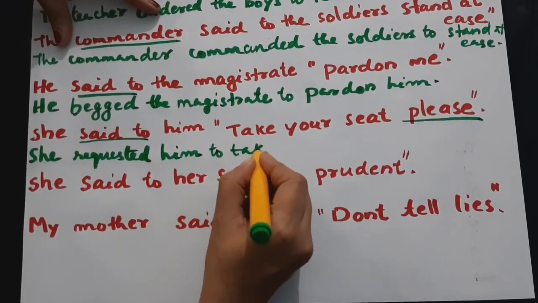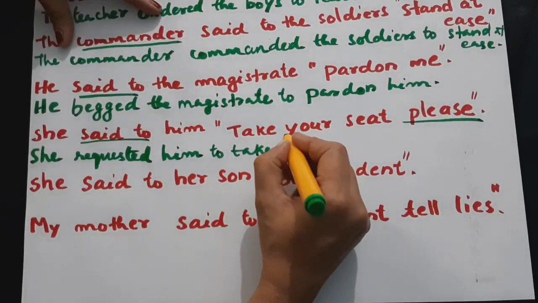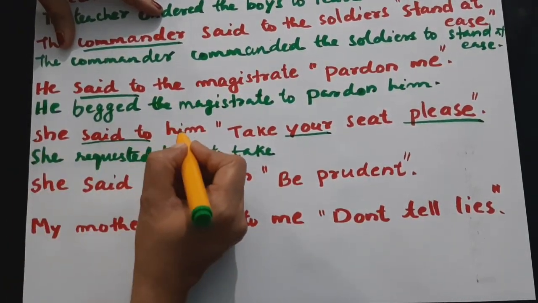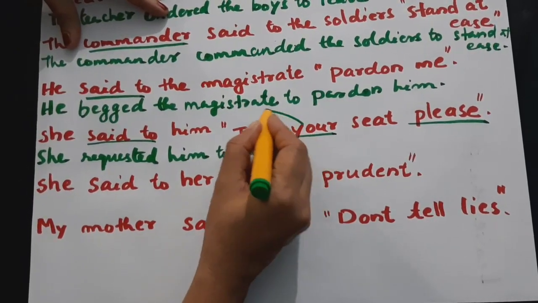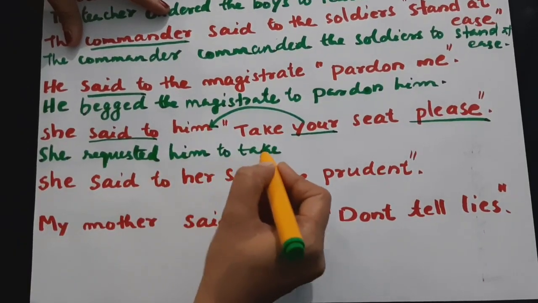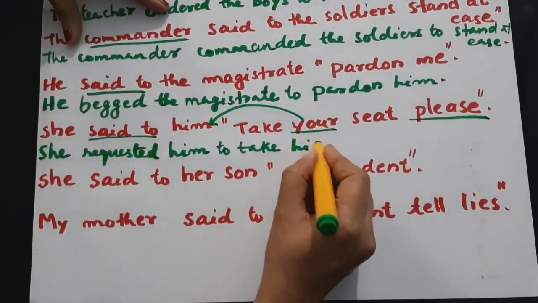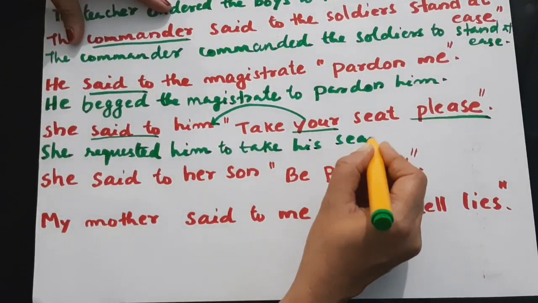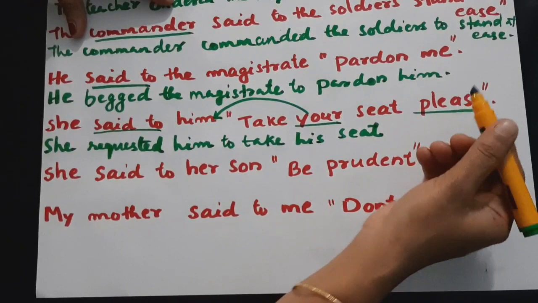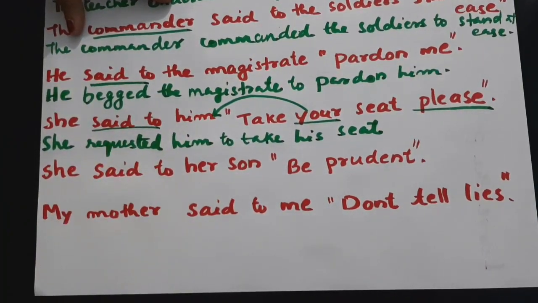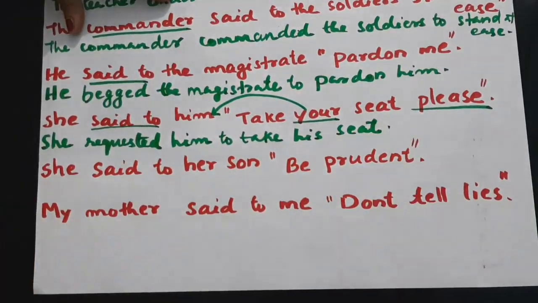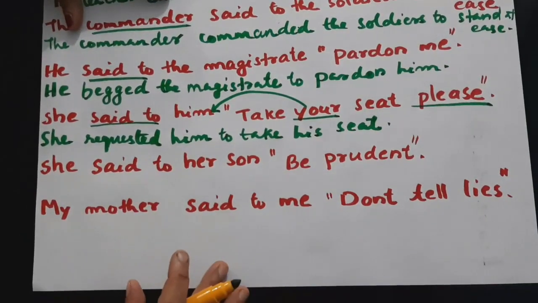To take your seat. Okay, she said to him. Your means actually, who is that? Him. So that how you write? She requested him to take his seat. Do we need to use please once again? No, instead of that already we used requested. Okay, so that no more please. So full stop. She requested him to take his seat.